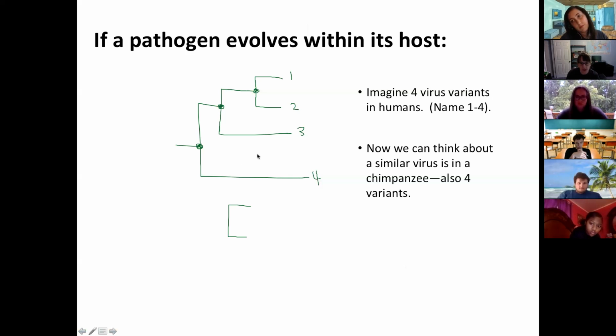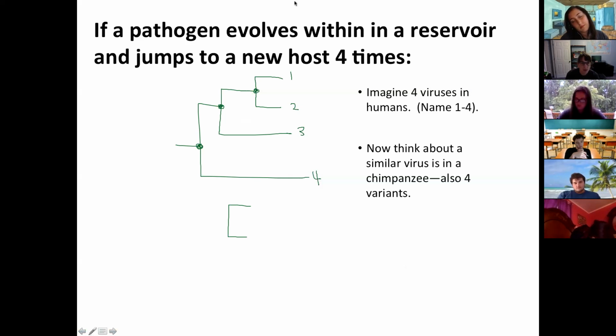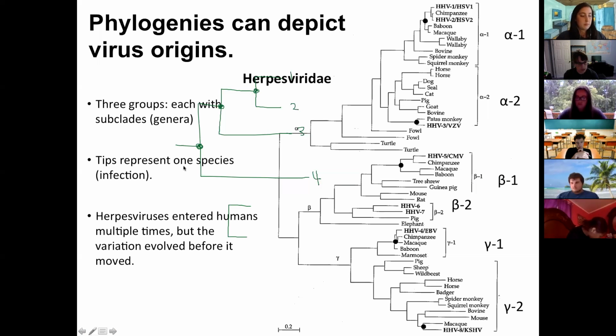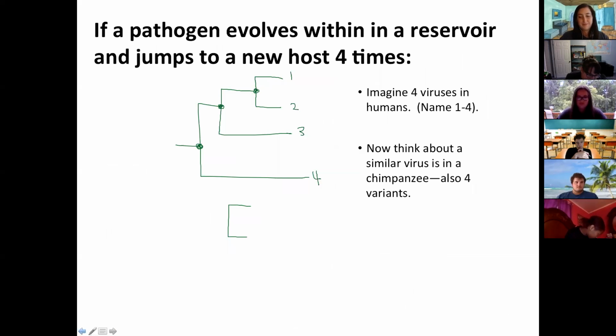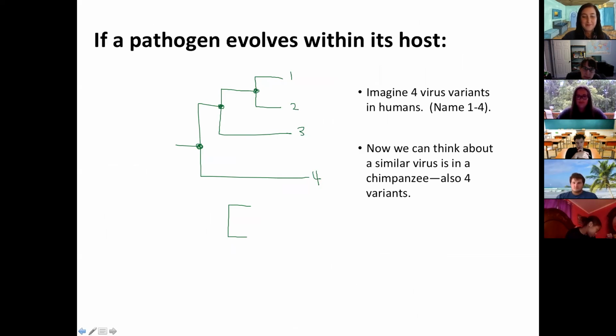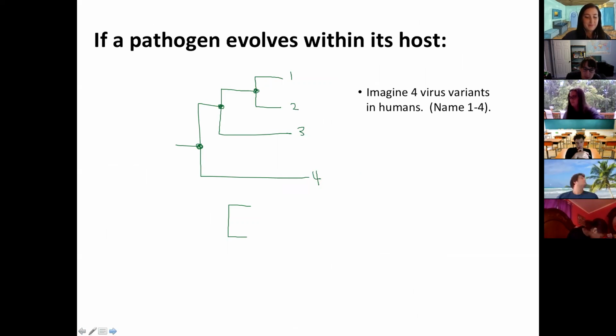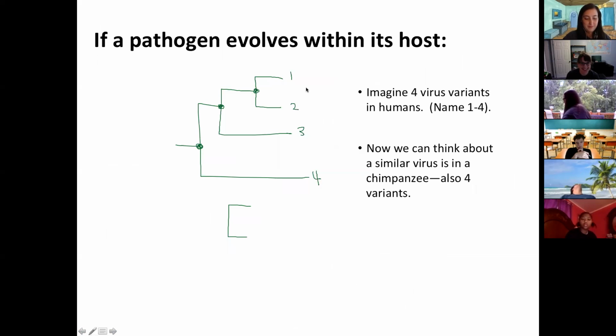We don't want to jump into the host yet. Let's just imagine we have 2 separate viruses, 1 in humans, 1 in chimps, each with 4 variants. Oh my God, why is it doing this to me? That's where we started. And we're going here. All right.